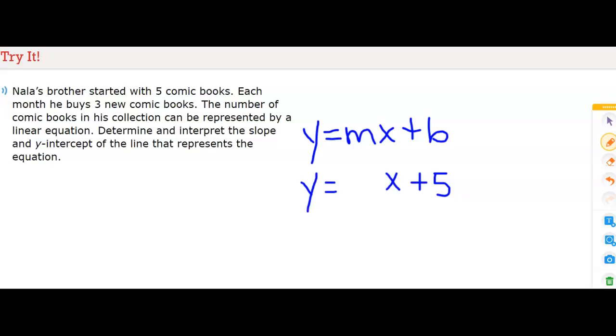In this case, they've given us our slope, which is 3 comic books, because it tells us he's buying 3 new ones each month. So that represents the rate of change. Every month he's increasing his collection by 3 new comic books. So this is the formula that we needed to create.